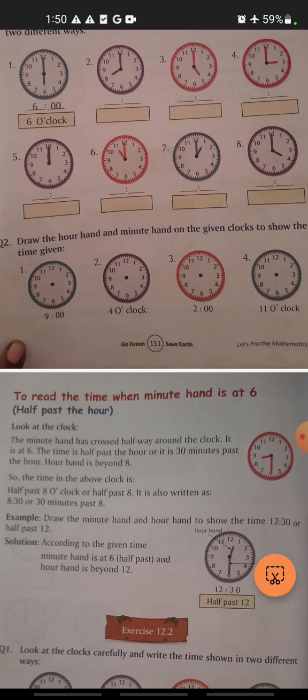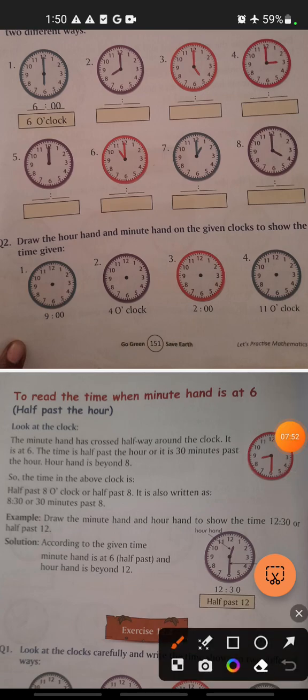Our hour hand is at 9 and our minute hand is at 12. It is 9 o'clock. Next is 4 o'clock. It means our short hand, the hour hand, is at 4 and our long hand, the minute hand, is at 12. It is 4 o'clock. Next, both the questions you have to do yourself.